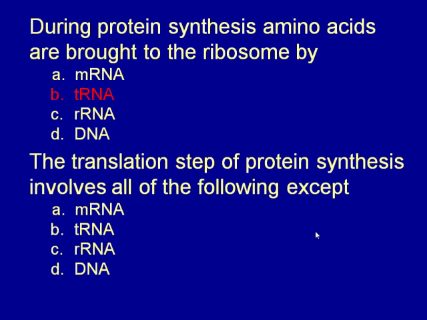In the translation step of protein synthesis, all of the following are involved except, now this is translation, remember, messenger RNA, transfer RNA, ribosomal RNA, or DNA. Which one is not involved in translation? And that's going to be the DNA. DNA is involved in transcription, but once we've transcribed it, RNA is the only thing that's involved in the translation.